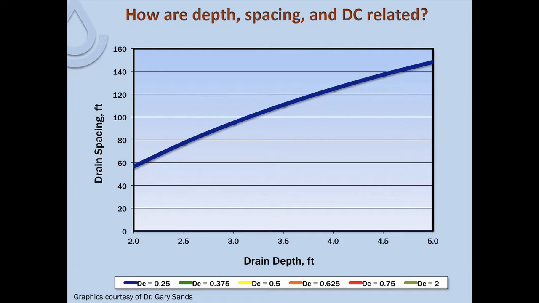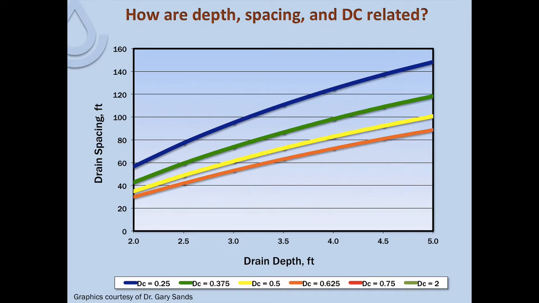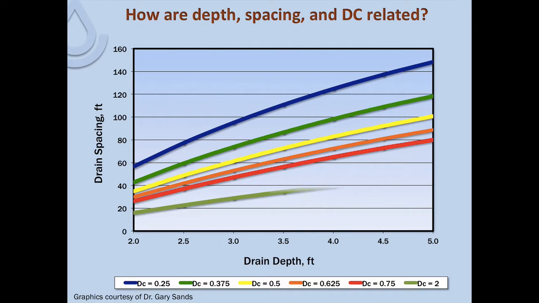So if we look here at the curve for a drainage coefficient of 1/4 inch per day, we can see that, again, we can come up with an infinite number of drain depth and drain spacing combinations along that curve to come up with that 1/4 inch drainage coefficient. Same as we look at these other curves for different drainage coefficients. Again, any number of combinations of drain depth and drain spacing to equal that drainage coefficient.